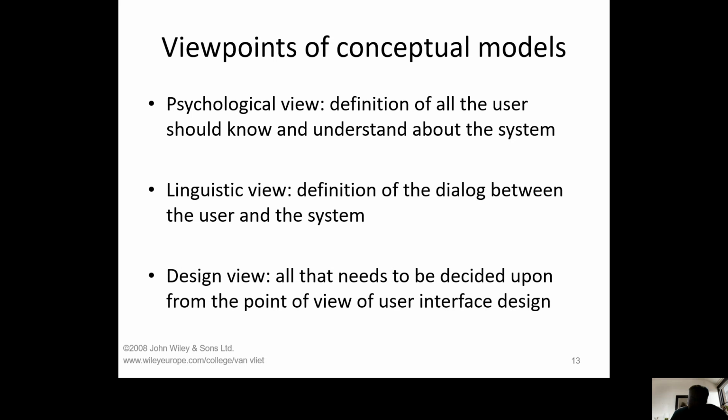And also design view, all that needs to be decided upon from the viewpoint of user interface design. This is everything. So when you design, you not only think of the left side of the brain, you also think of the right side of the brain. I was playing a little game called Hearts. This is one of my favorite games, by the way, a card game on my phone. And the app that I downloaded, I loved it because it changes things.